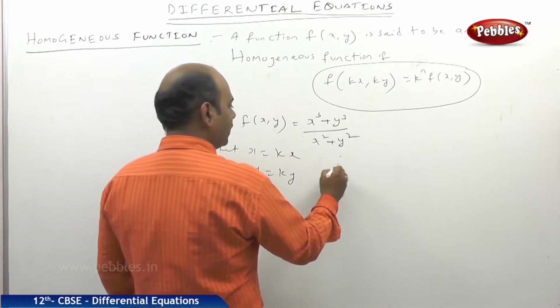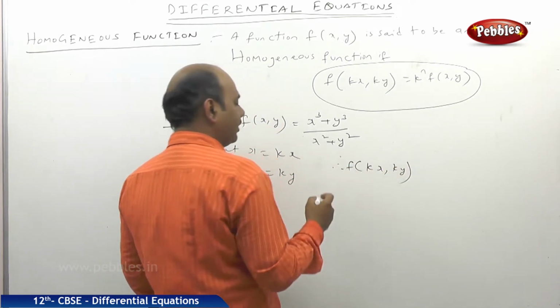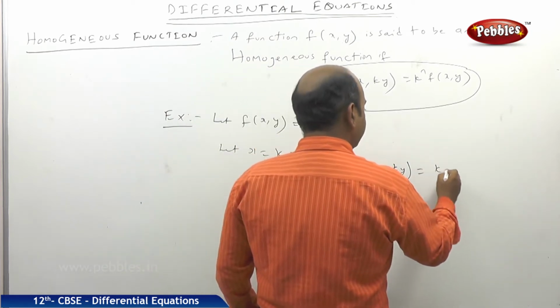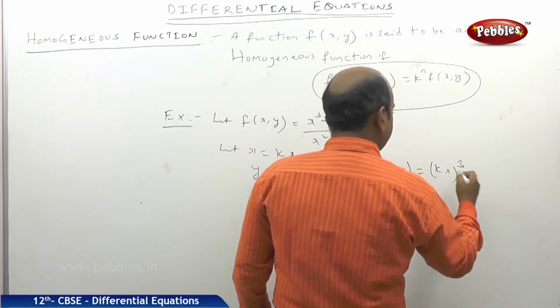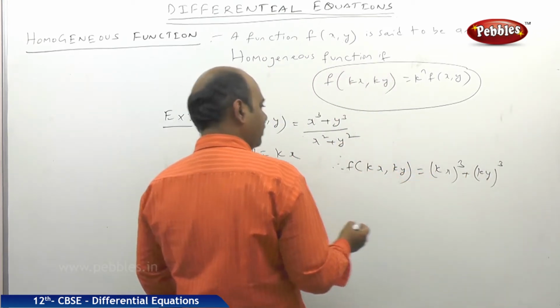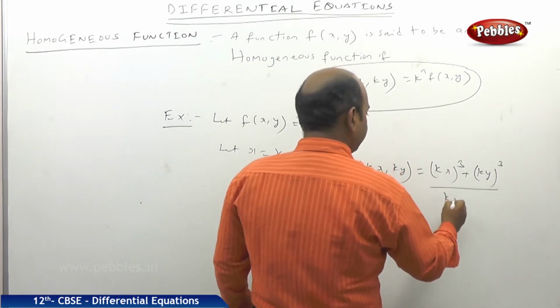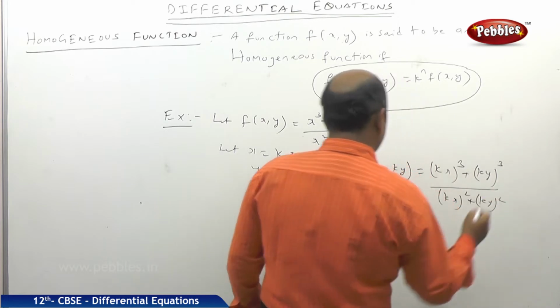So f(kx, ky): in place of x I substitute kx, so this becomes (kx) whole cube plus (ky) whole cube, divided by (kx) whole square plus (ky) whole square.